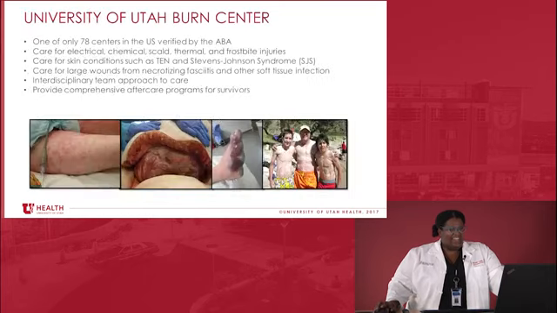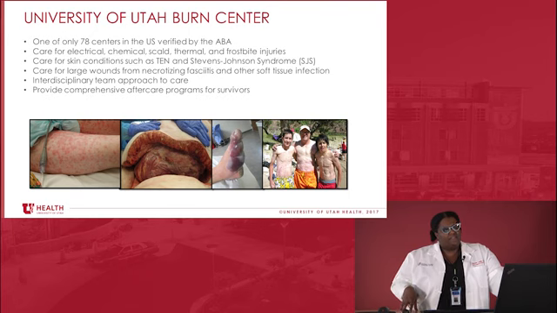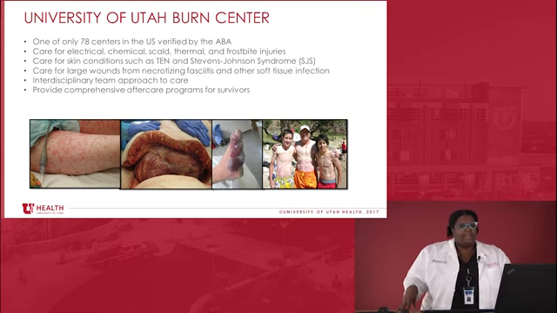Moving along. So just to remind you, we are one of 78 verified burn centers across the entire U.S. We do serve a huge catchment area, includes Montana, Idaho, Wyoming, parts of Nevada, Oregon, and plus the full state of Utah.